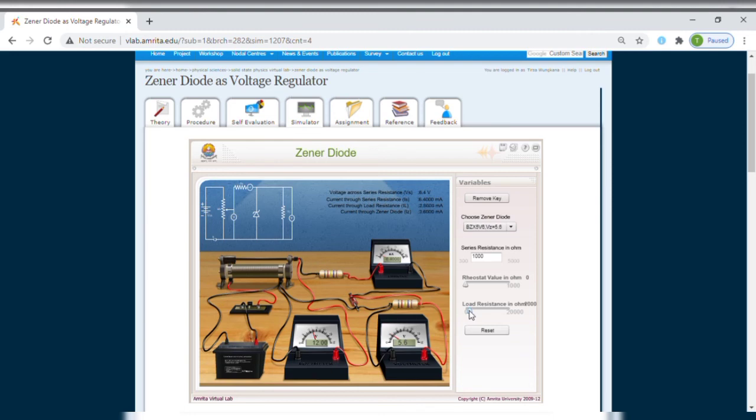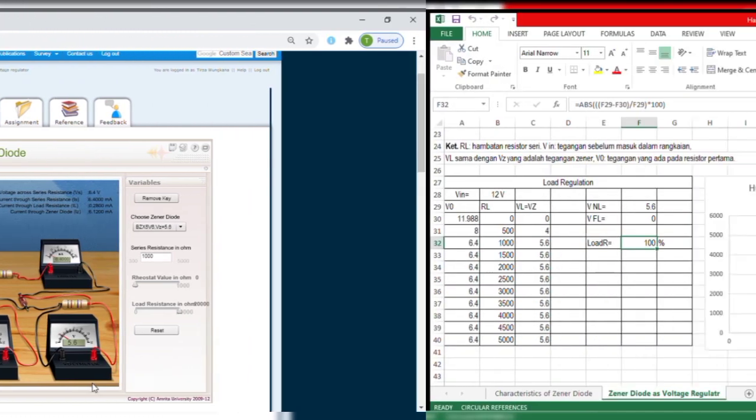We're increasing to 2000, and still the value is the same, even when we're increasing the load resistance to the maximum, which is 20,000, but still the value isn't changing at all.